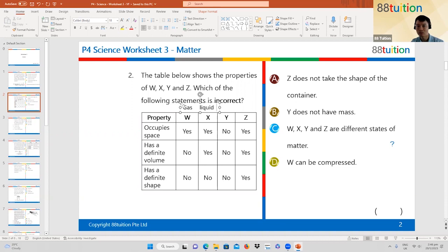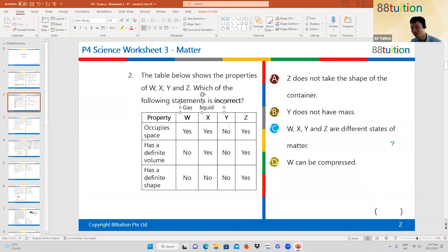How do you know that X is a liquid? No response. Okay, Valerie and everybody, it's a liquid because it has no definite shape and has definite volume.